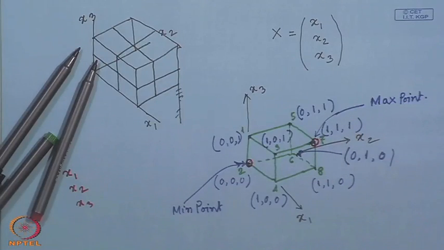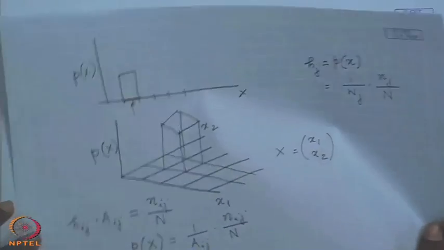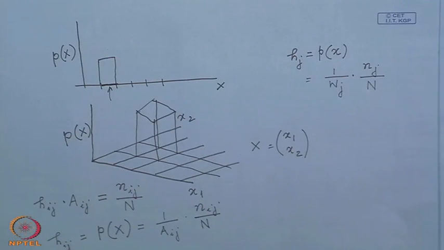So, one thing is clear, that if I know the min point and max point of every volume element, then my volume element is uniquely identified. Now, what is the use of this min point and max point? We said before, whether it is in one dimension or two dimensional case, that to estimate the probability density function in a cell or a bin.